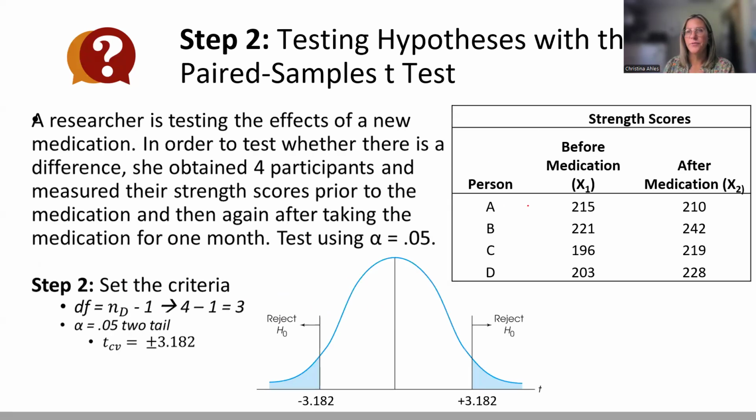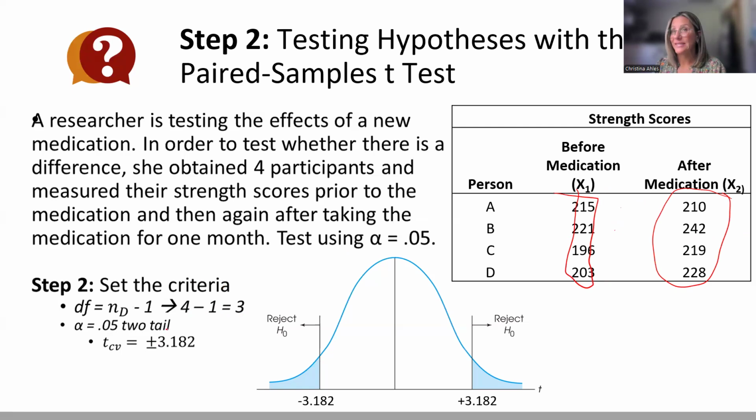So here we have our scores for before medication, oops, sorry, after medication here. If you realize there's only 1, 2, 3, 4, because these are the same people in each of those. So we would do 4 minus 1 is our degrees of freedom, which is 3.